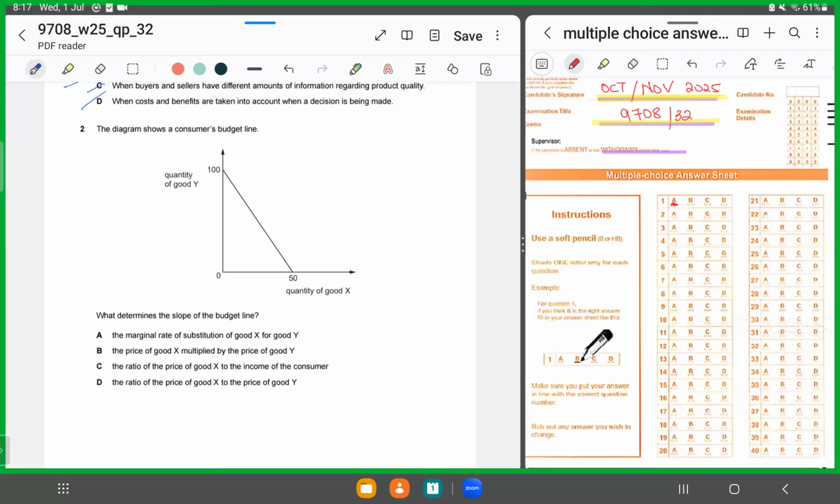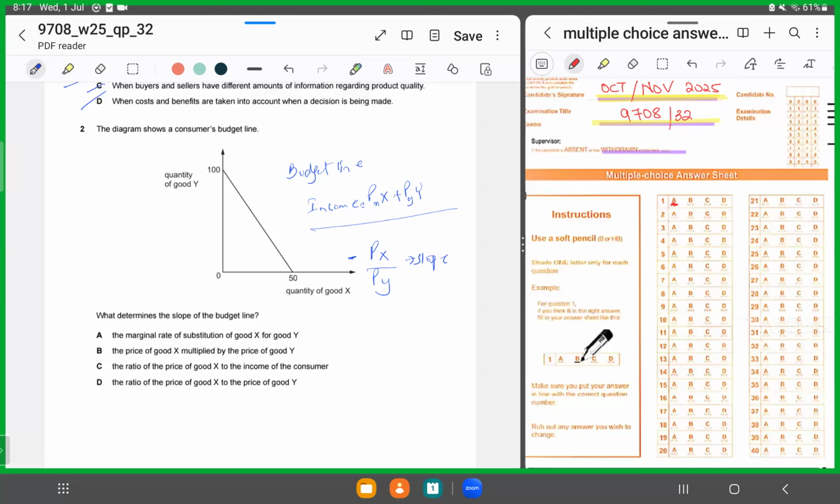So keeping this definition in mind, you would define the budget line as income equals price of X plus price of Y. So the slope would be determined by the price of X upon the price of Y. This is the slope. And the negative sign talks about how much you are foregoing, right?